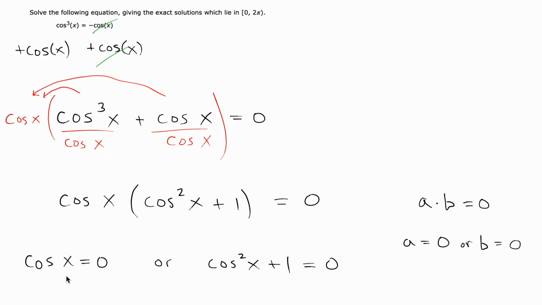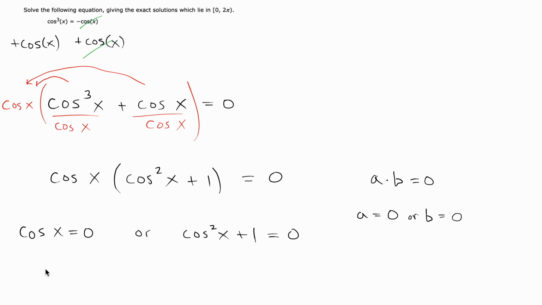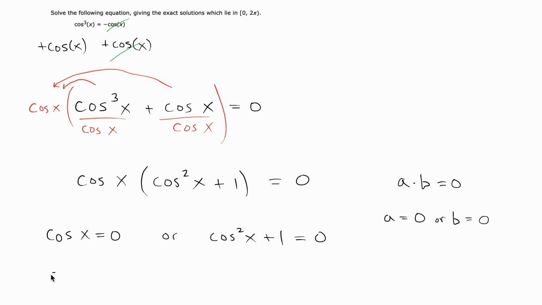Now we'll try to solve by taking the cosine inverse. So start with cosine x is 0 and apply an arc cosine or inverse cosine to both sides.